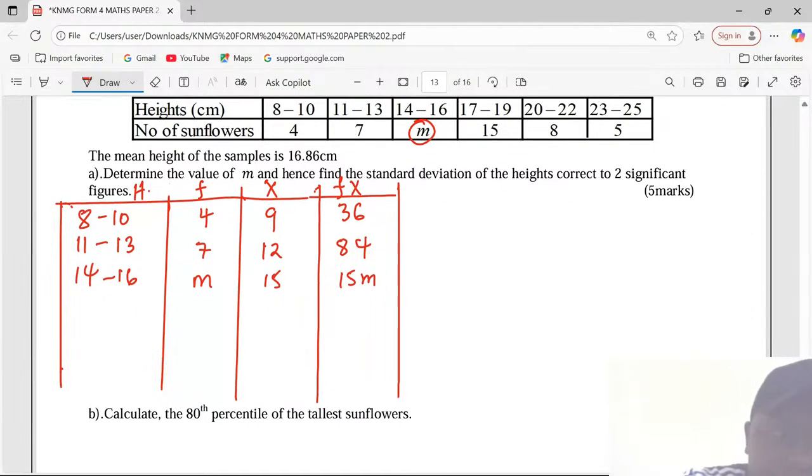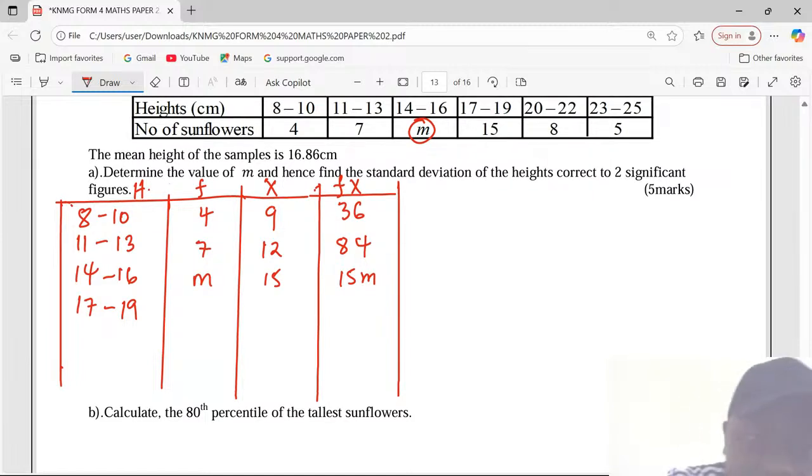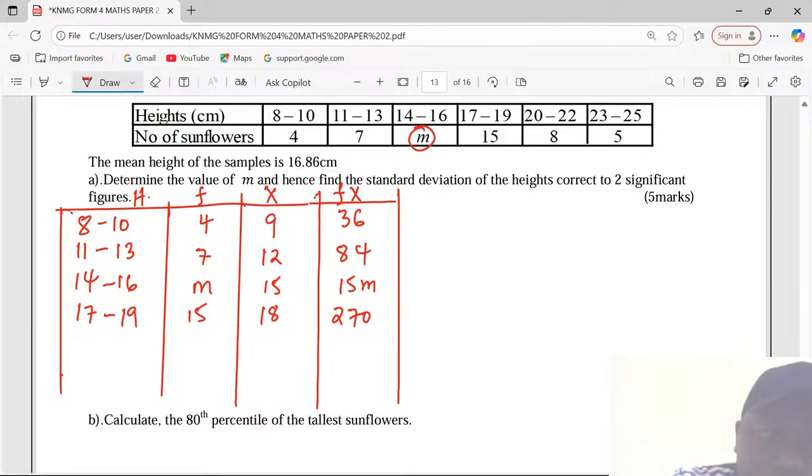Unknown. 17 to 19, with a frequency of 15. The midpoint is 18. 18 by 15 gives us 270. Then we have 20 to 22.